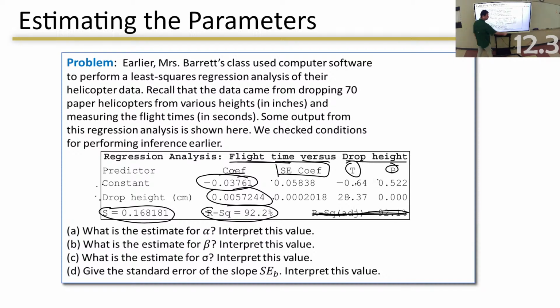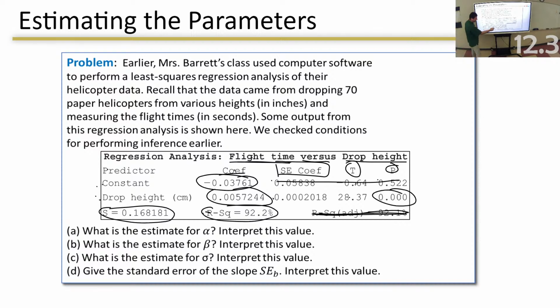So that's the p-value for the y-intercept. Again, we don't use those. That's the p-value for the slope, which again makes sense why that's 0, because that's 28. 28 is a huge, huge number for normal curves. 28 standard deviations away.